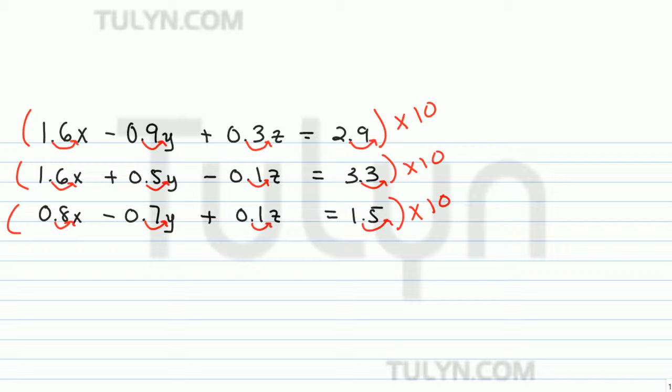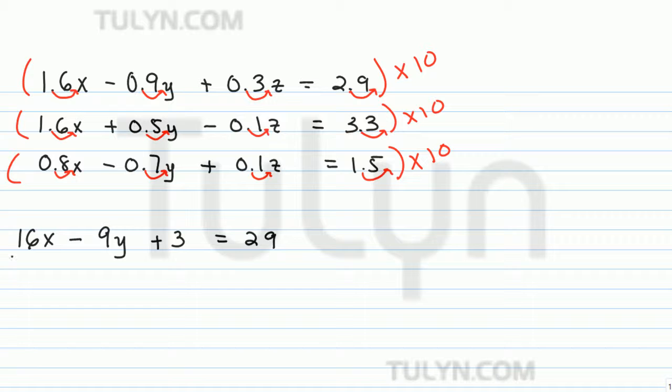So let's do that. Let's multiply all three of them by 10 to get our new system of equations. So we get 16x minus 9y plus 3z is equal to 29. All I did was just move the decimal point over 1. The second equation is going to become 16x plus 5y minus 1z is equal to 33.